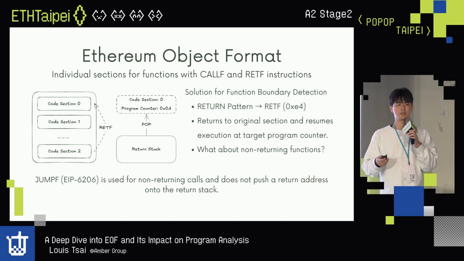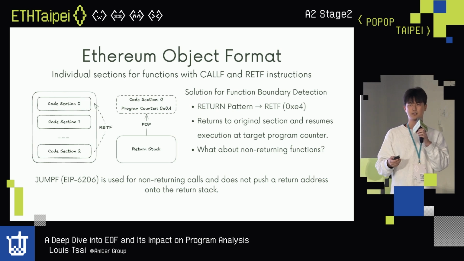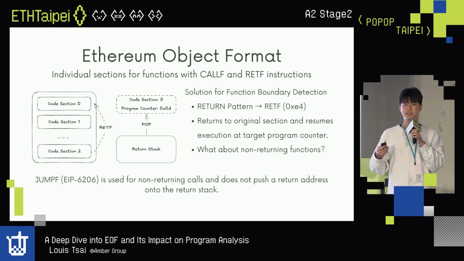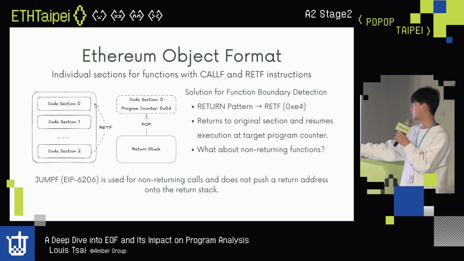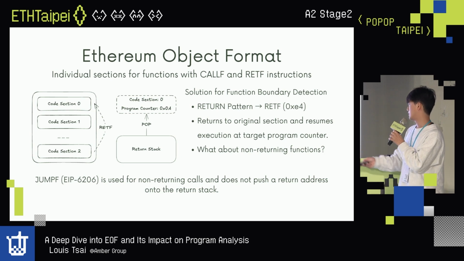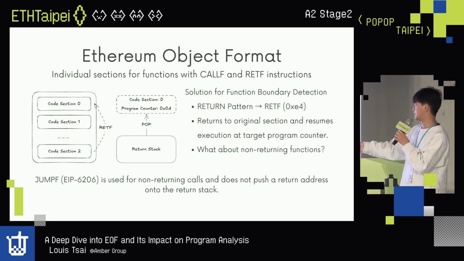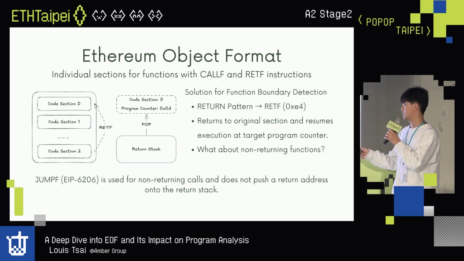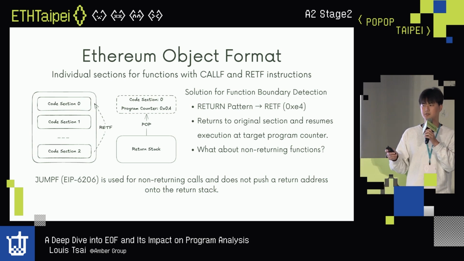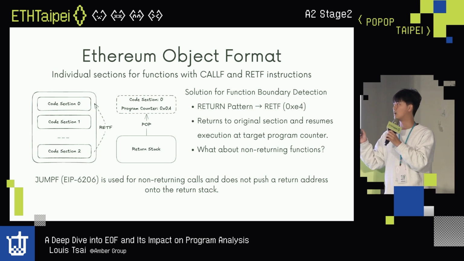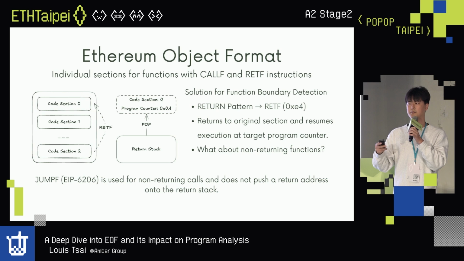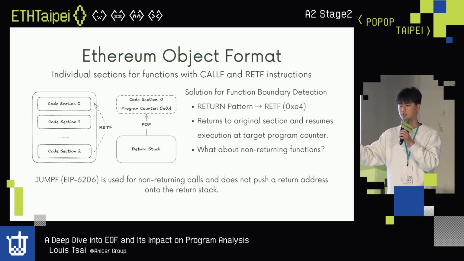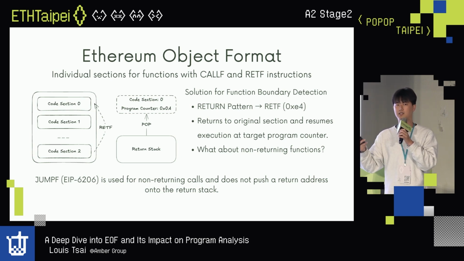And what about those non-returning functions? For non-returning functions, we have JUMPF, and it is defined in a separate EIP. For JUMPF, it will not push any items onto the return stack. That means when it jumps to the target code section, it will not return.